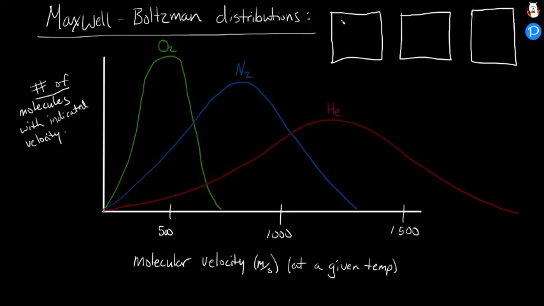So we would see that the oxygen particles are probably going to have the higher mass. Nitrogen is going to be a little smaller than the oxygen. And helium is going to be even smaller.